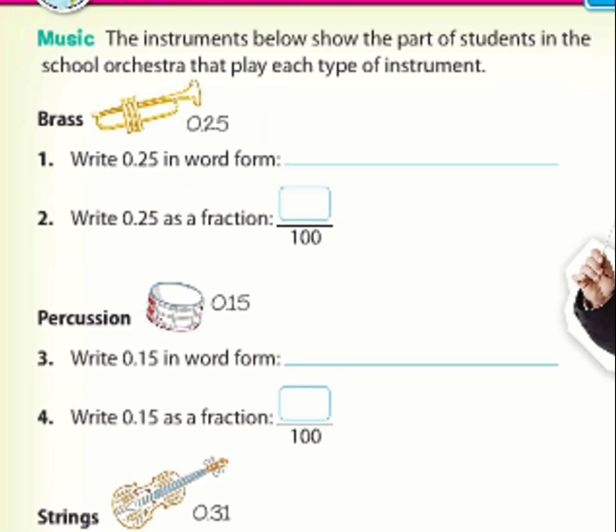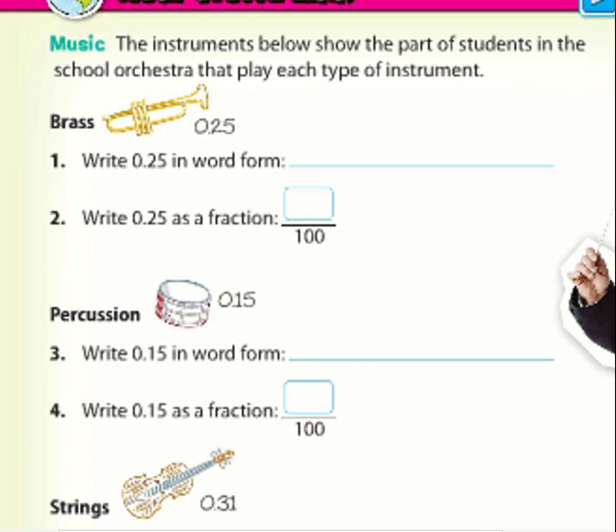It says, music. The instruments below show the part of students in the school orchestra that play each type of instrument. It says, write 25 hundredths in word form. 25 hundredths plays the brass. So we're going to say 25 hundredths.